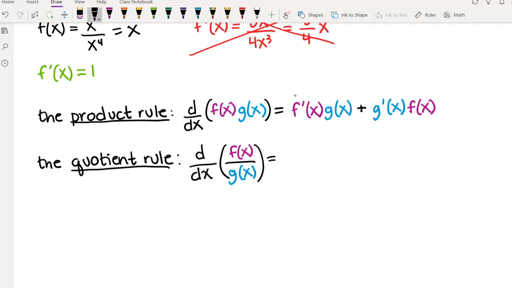Okay, so how would this work? Well, first of all, the biggest difference is your answer is actually going to be a fraction. And so the numerator of the fraction is going to look almost identical to the product rule. The only difference is that you're going to be now subtracting instead of adding. So instead of plus, we have a minus.